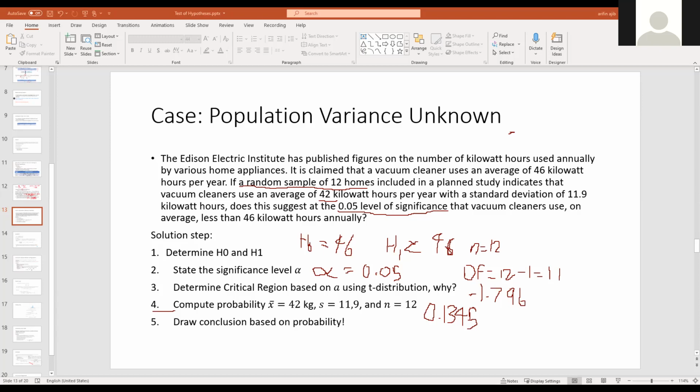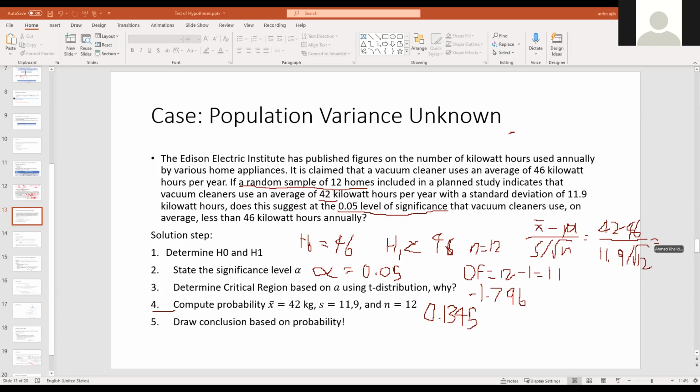You can get the test statistic value by using the equation: the mean minus mu, over S over radical n, which is 42 minus 46 over 11.9 divided by radical 12.